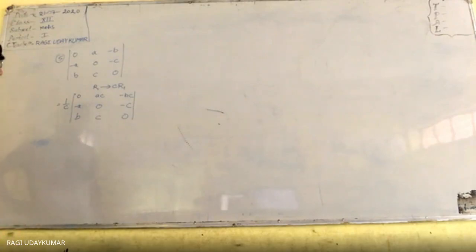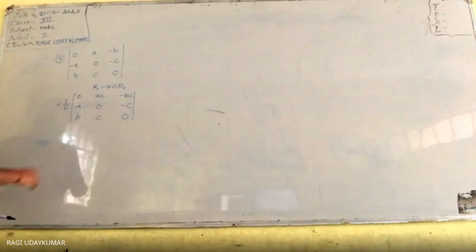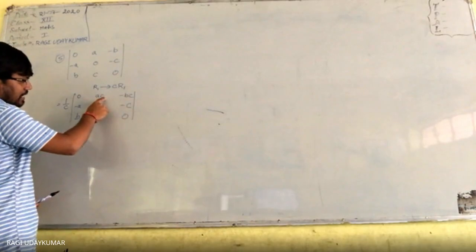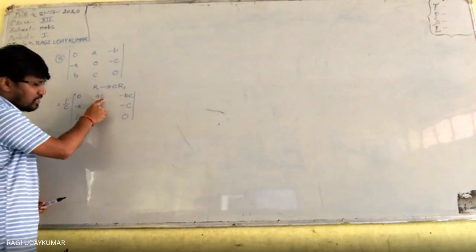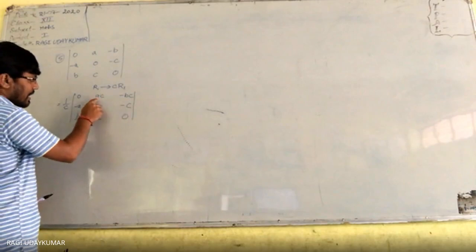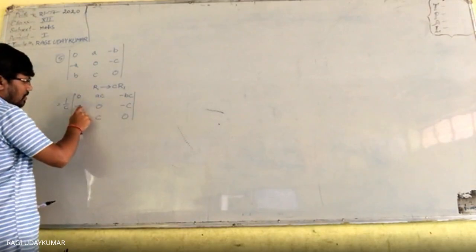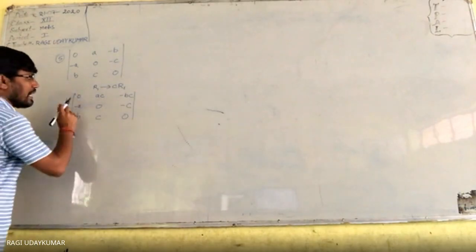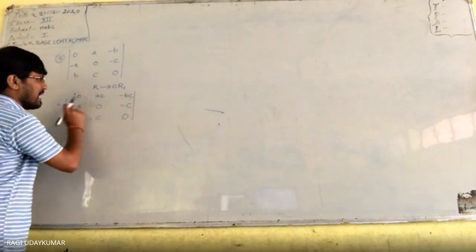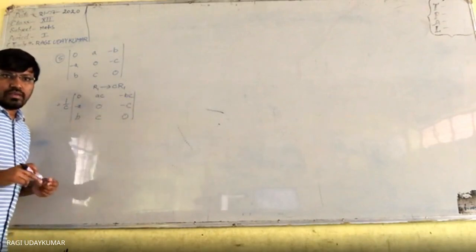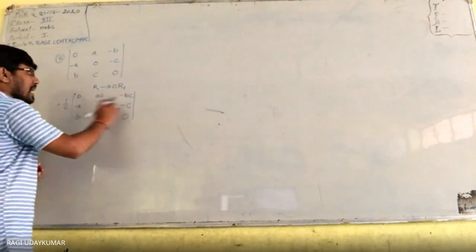See here. We need to make this zero. We got C here, so this is extra. So this row, multiply by the B and subtract.